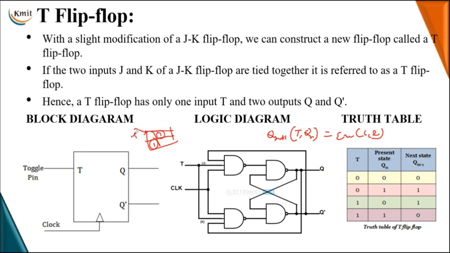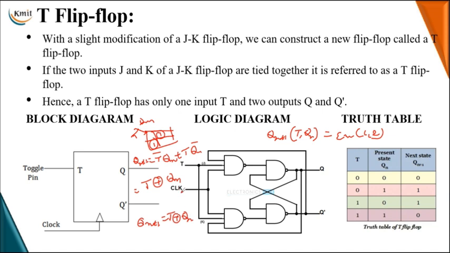So here Qn plus 1 is equal to the isolated minterms, which are treated as product terms: T bar Qn plus T Qn bar. Or simply, it is equal to T exclusive OR of Qn, which is the characteristic equation of the T flip-flop. Qn plus 1 is equal to T exclusive OR of Qn.